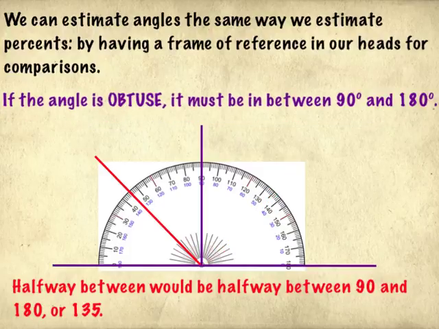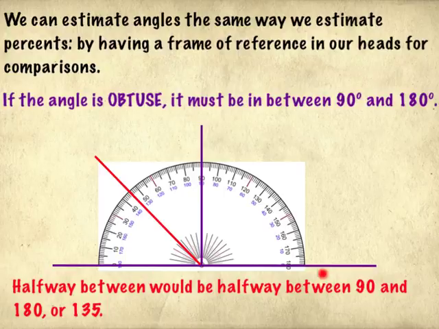And I can estimate obtuse angles the same way. I already have my frame of reference that 90 degrees is the L shape, and 45 is about halfway in between. Going this way, I know that 180 is a straight line. Halfway between 90 degrees and 180 degrees would be 135 degrees. So this is another useful one to have in your head.